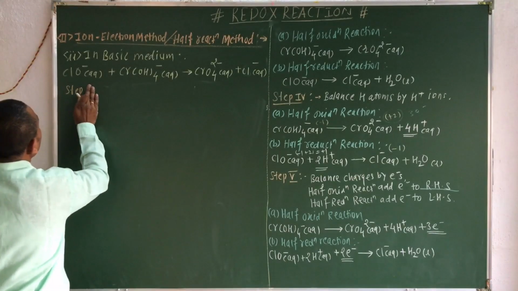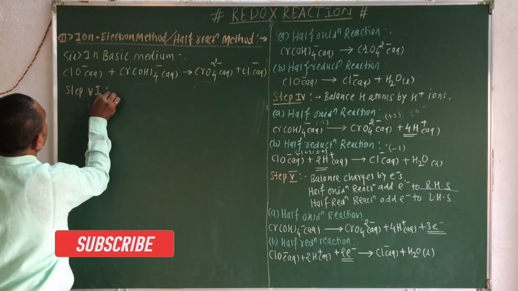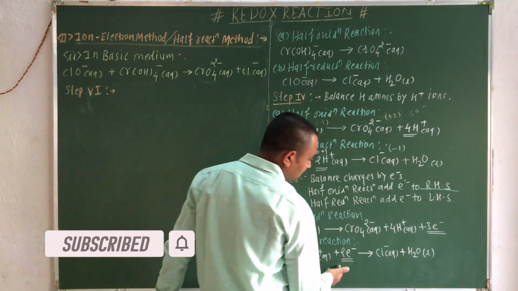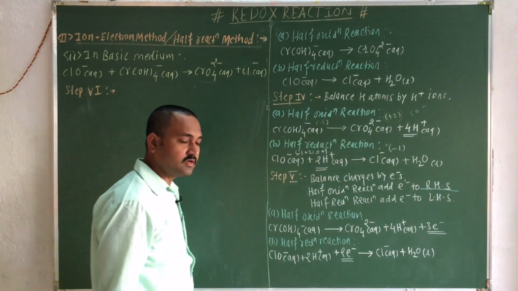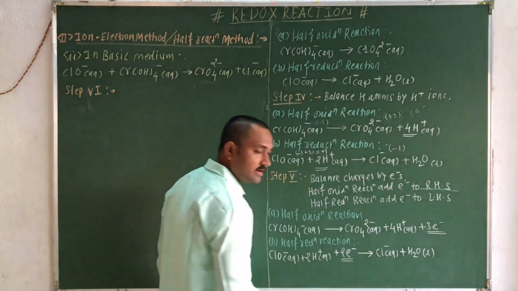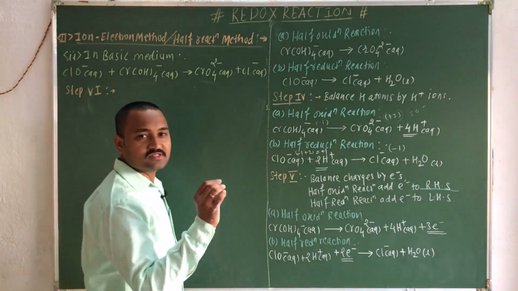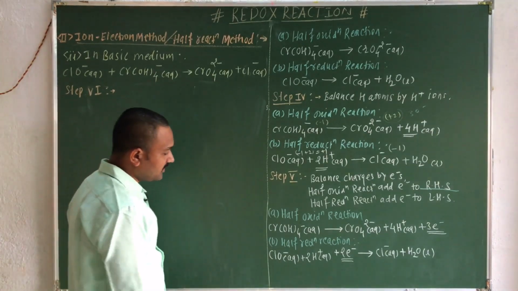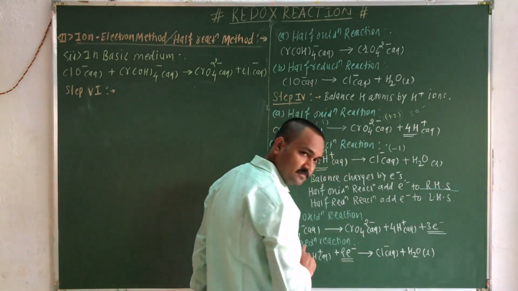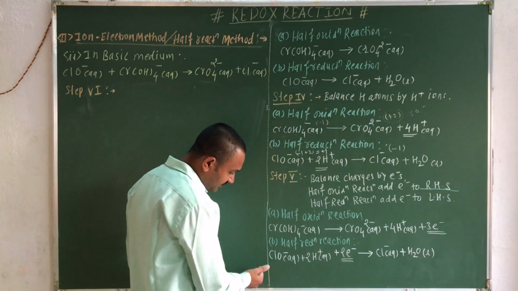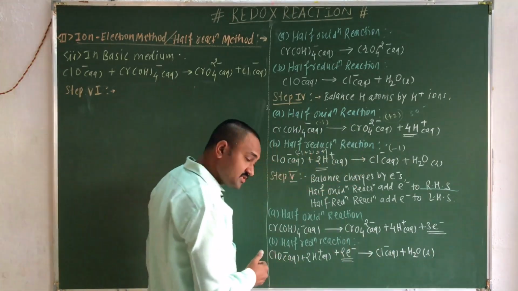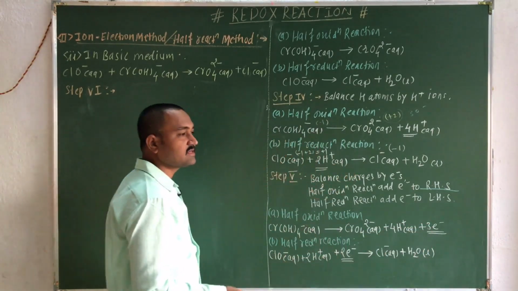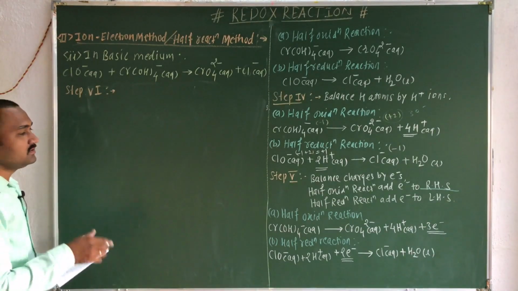Okay, so here we have to neutralize both the electrons. We have to make these two electrons equal, so it is a little bit tricky. We have to find such a factor so that these two electrons become equal. For example, if I multiply this overall reaction by 2, that will be 6 electrons, and if I multiply this overall reaction by 3, it will also have 6 electrons. 6 electrons will cancel out. So that is the factor that we have to decide here.